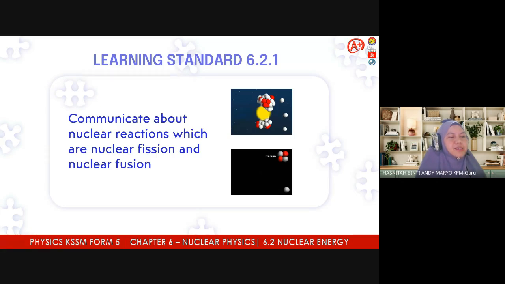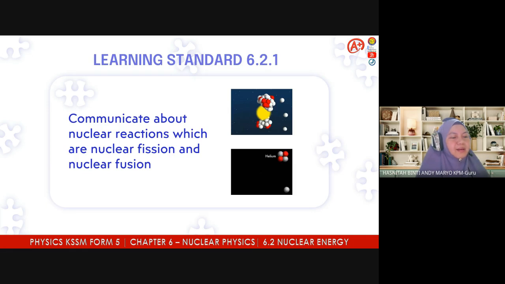So which of the following statements is correct about the mass of the radioactive element? Number 1, 20 days earlier, its mass was 160 gram.